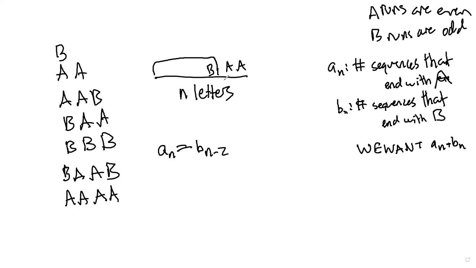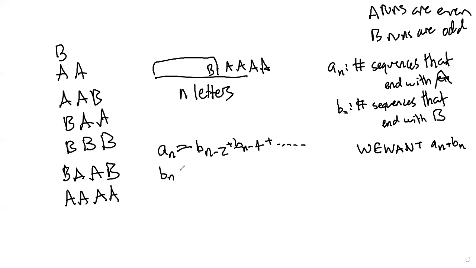How many ways can we end with an A? We can have 2 A's, we can have 4 A's, but we know that the remaining chunk has to end with a B. And then I'm going to leave this as plus dot dot dot because I don't know what goes at the end. It could be a 1, it could be a 0. It's unclear.